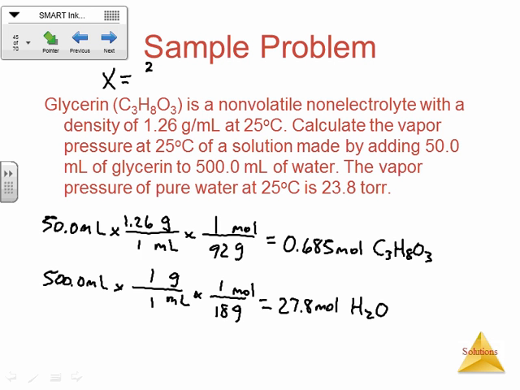That's going to be 27.8 moles divided by, you have to add that to the 0.685. I'm getting 28.5. And that's going to give us the mole fraction, about 0.975.